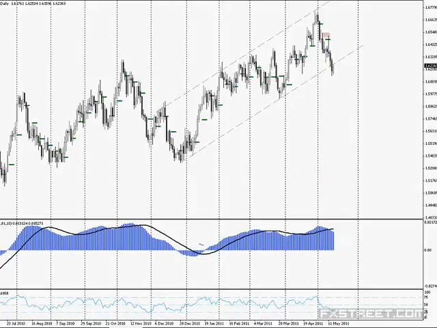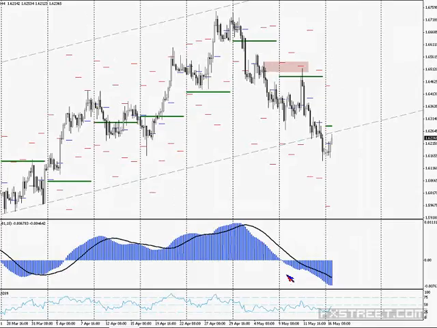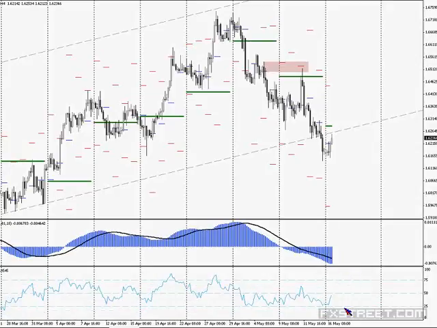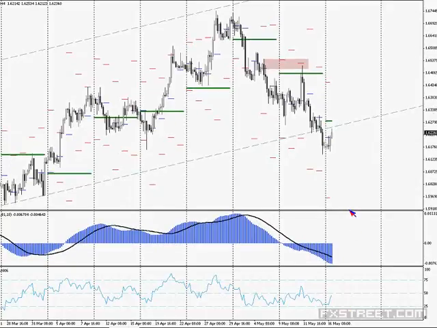Okay, so in that case we would look on the 1 hour. We would look for any corrections to the upside and extreme overbought levels on the RSI in order to attempt to short the pair with less risk.